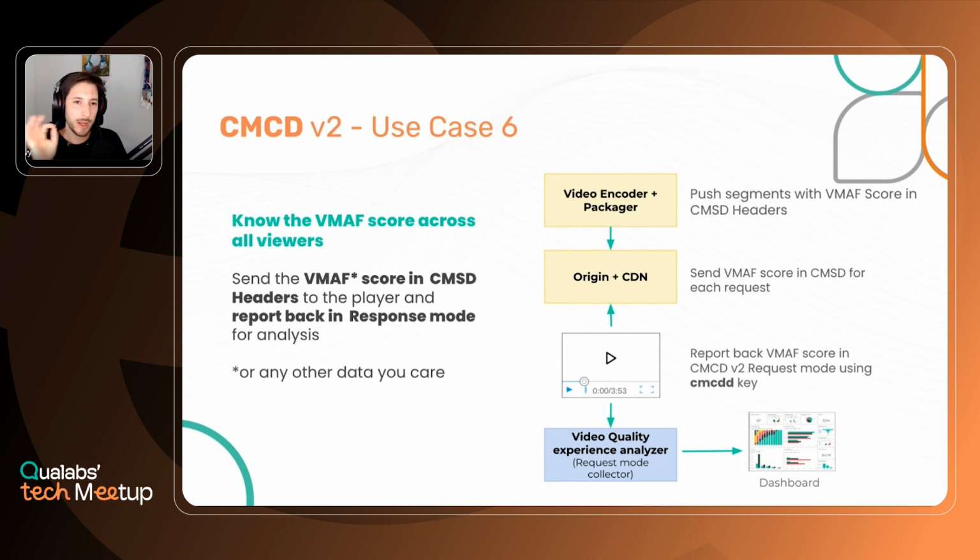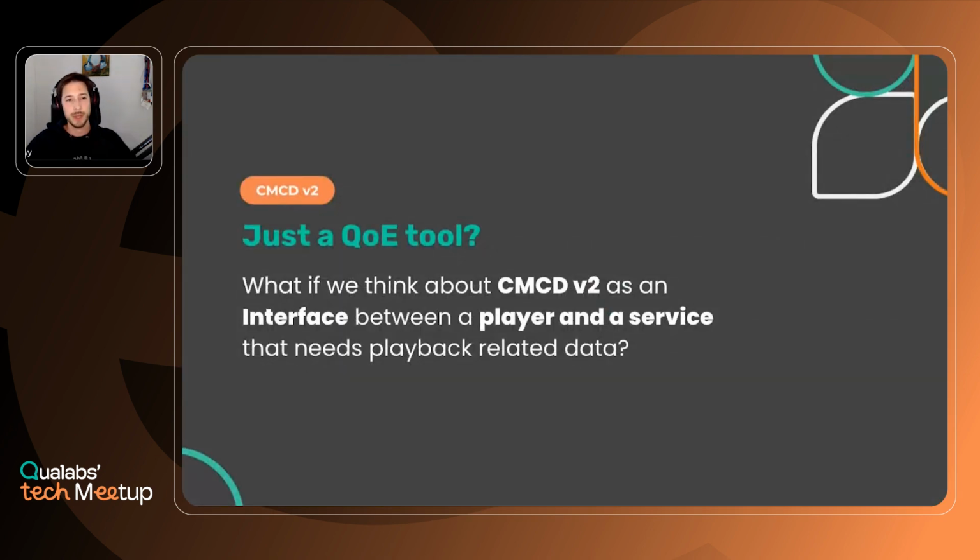This is a common way you can send any information you care about, from the encoder, packager, or origin, and you can collect everything in a single place and analyze all that data. I think this pattern, using CMSD plus CMCD for collection, is very powerful. It can unlock a lot of stuff.